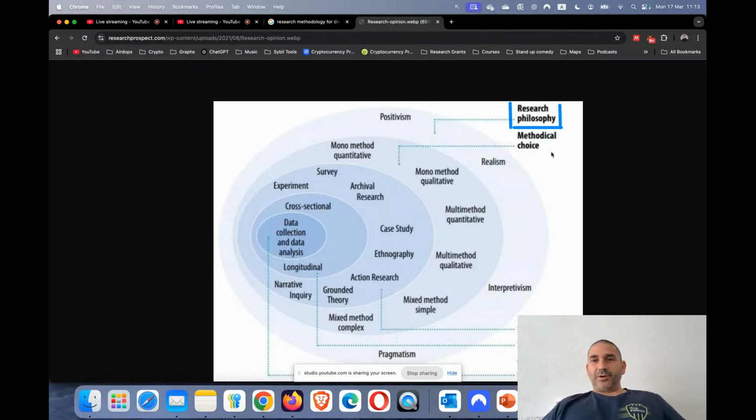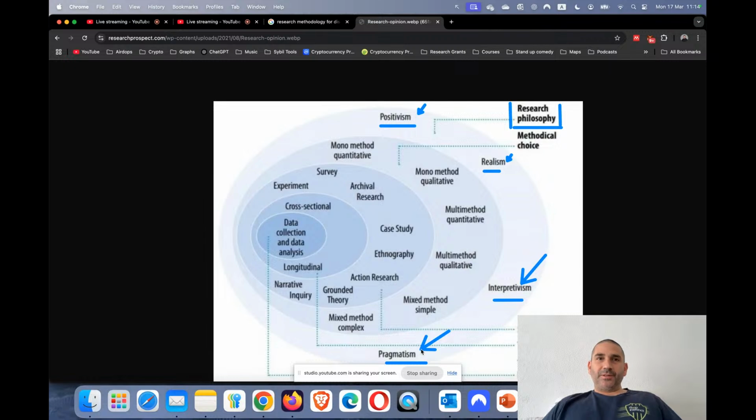So let's talk about that. Let's make sure that you understand it. Research philosophy refers to things like positivism, realism, interpretivism, pragmatism, and you can check those individually. So you would see which one you belong in, or which group your dissertation belongs in.